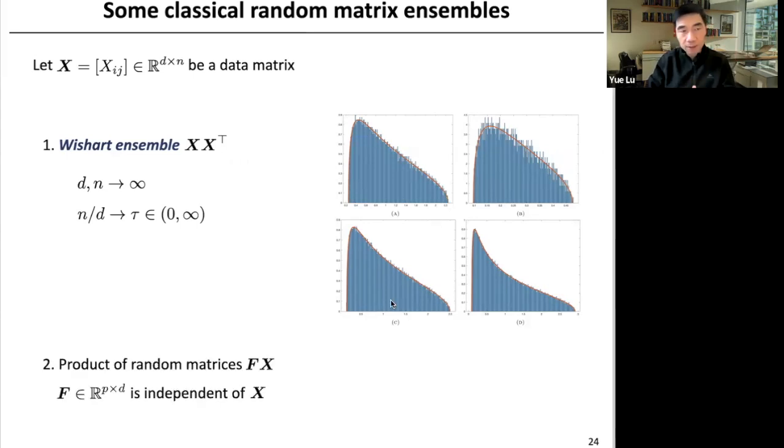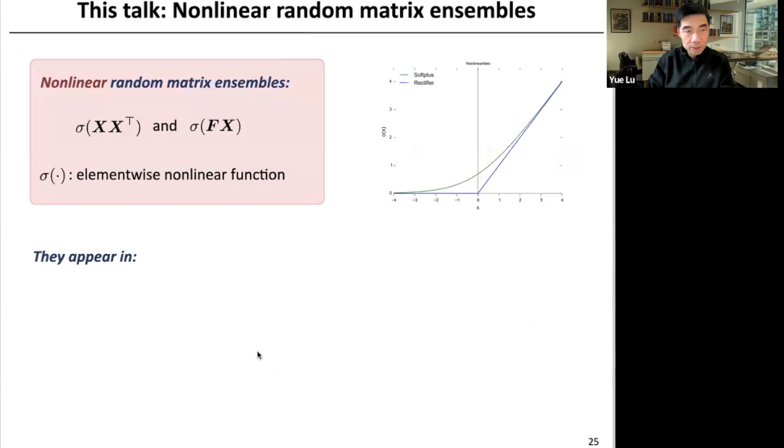There's also a non-symmetric version. Instead of multiplying the matrix with its own transpose, we can consider the product of two random matrices F and X. But in the past several years, there's been a lot of interest in studying nonlinear versions of these matrix ensembles.